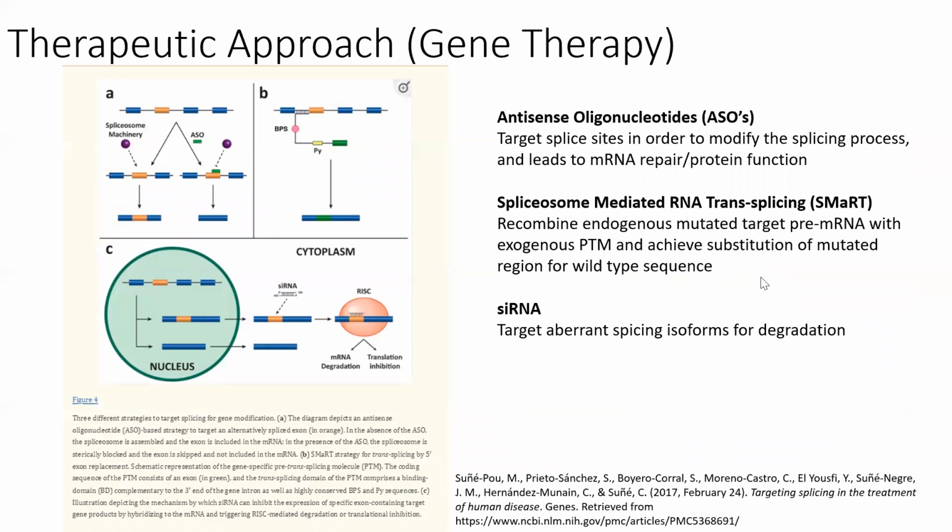Now, the diseases that arise from mistakes in this splicing process include changes in the splicing signals, which are the 5' and 3' splice sites, or mutations in the splicing machinery itself.